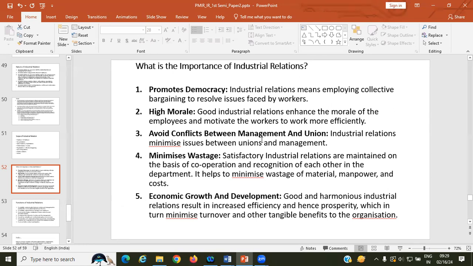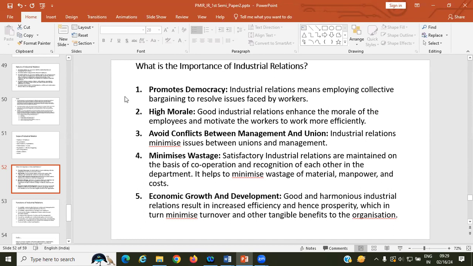It will also help to avoid the conflict between the management and union. Suppose there are some grievances, some problem between the management and unions. Most of the times the members are helpful to resolve that issue.